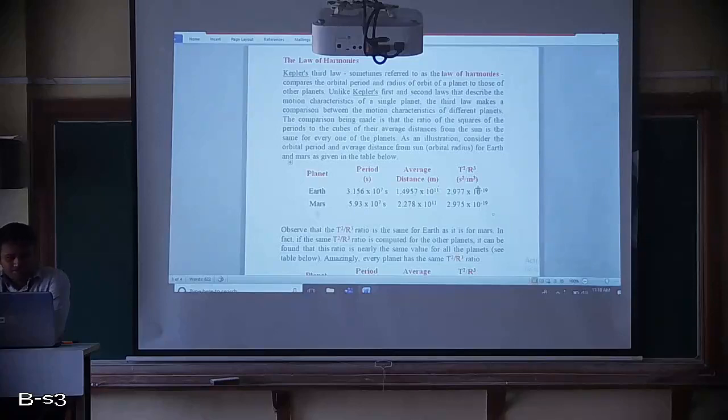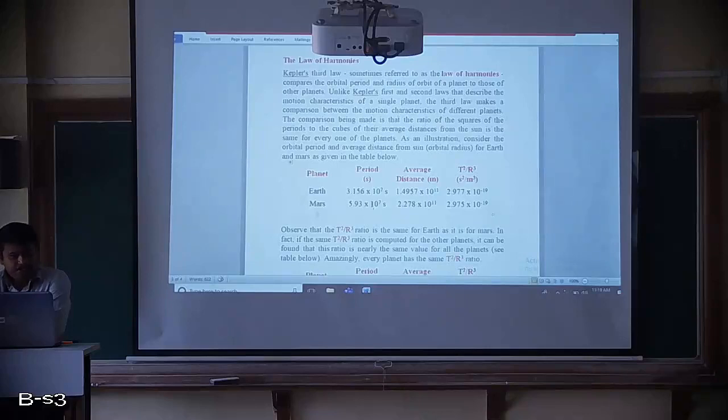So what we want to say here is that the ratio of the square of the period to the cube of the radius for different planets will be the same. This is the law of harmonies, or Kepler's third law. Now we can describe the motion characteristics of a single planet here, but in this particular law, the third law, we are comparing the motion characteristics of different planets.